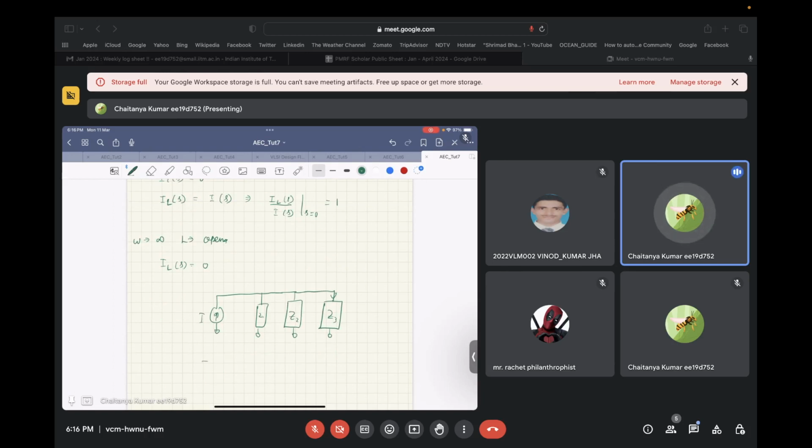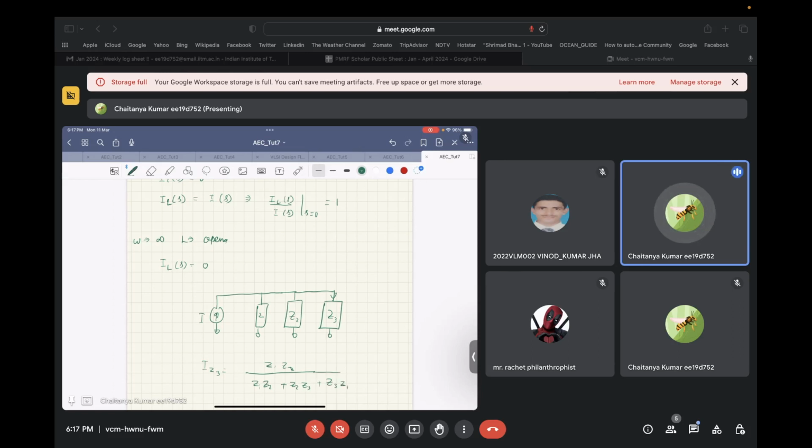In that case, I of Z3 will be equal to Z1Z2 divided by Z1Z2 plus Z2Z3 plus Z3Z1.